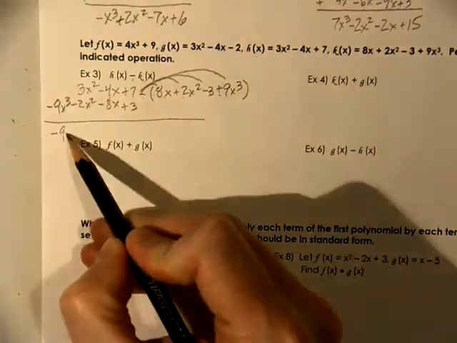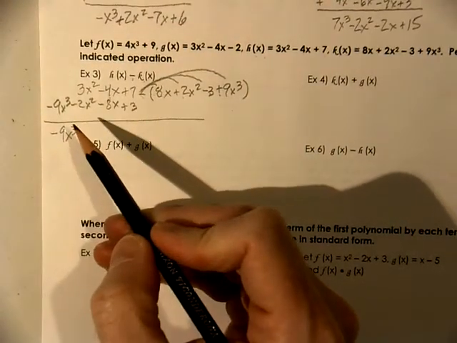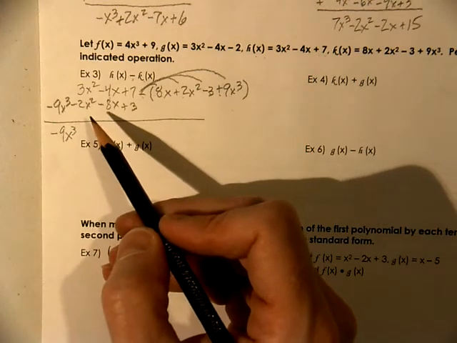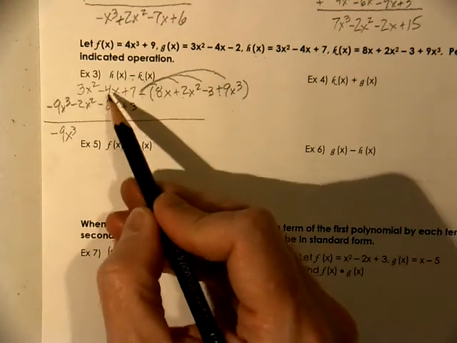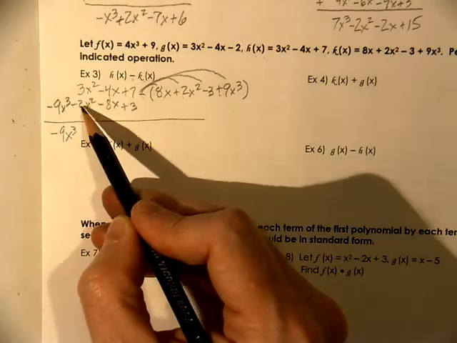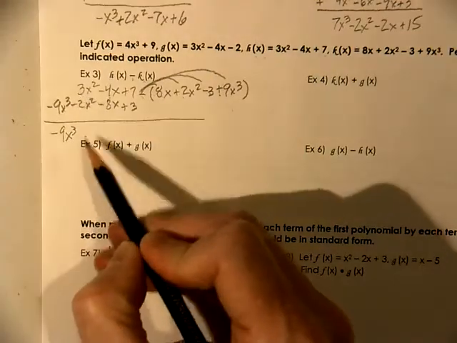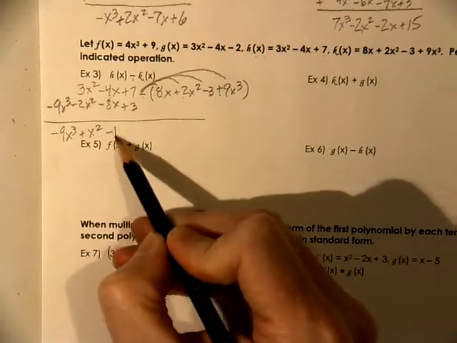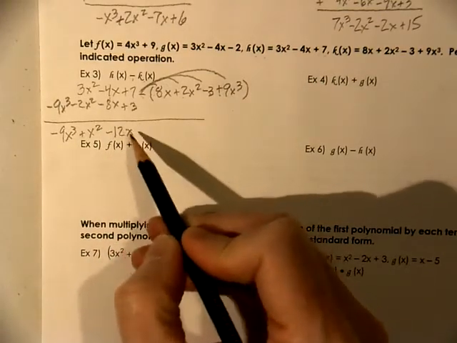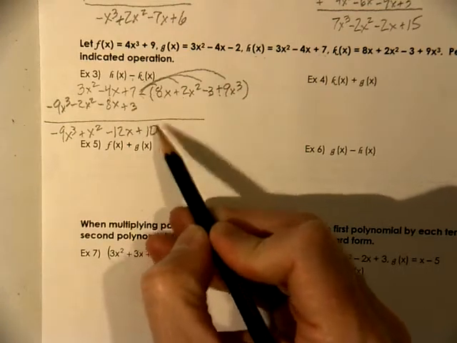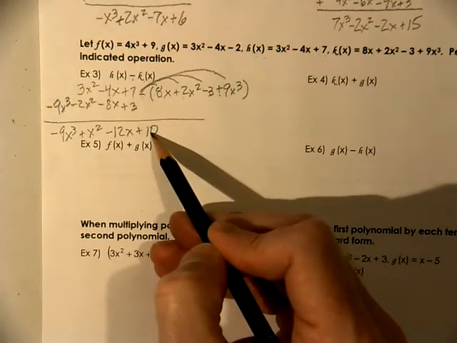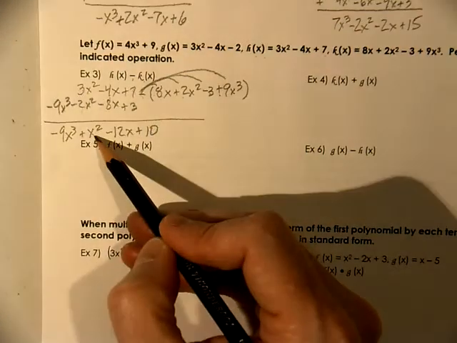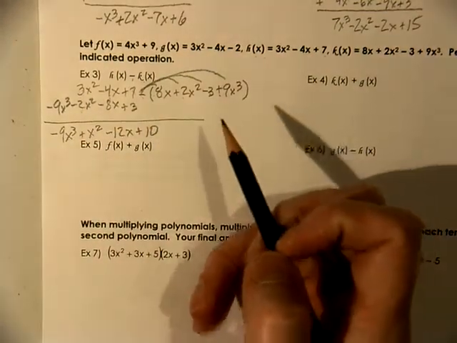So I have negative 9x cubed here. I have negative 2 and a positive 3, so positive x squared, negative 12x, and a positive 10 by adding the 7 and the 3, the 4 and the 8, the 3 and the 2, and the 9.